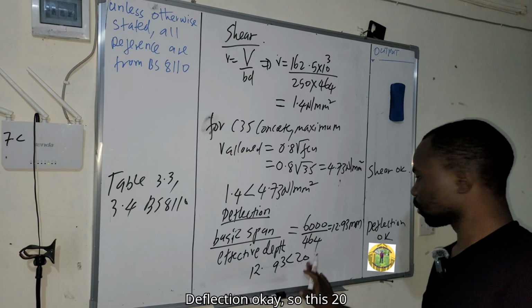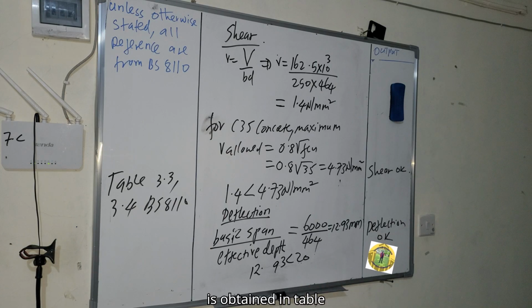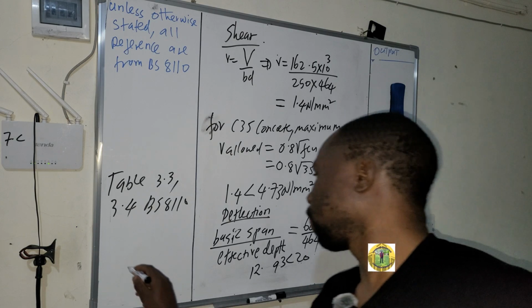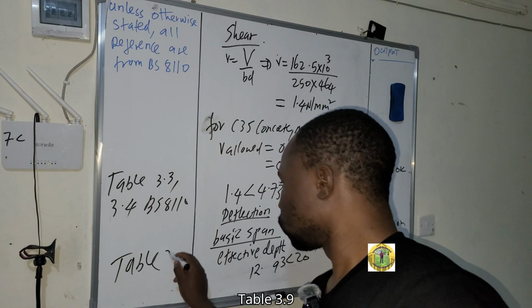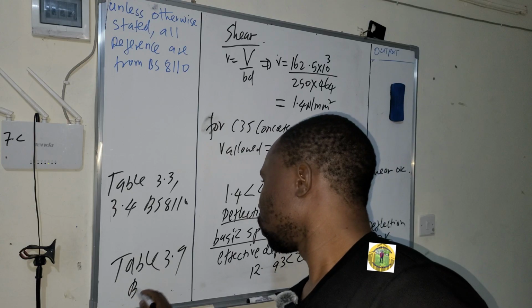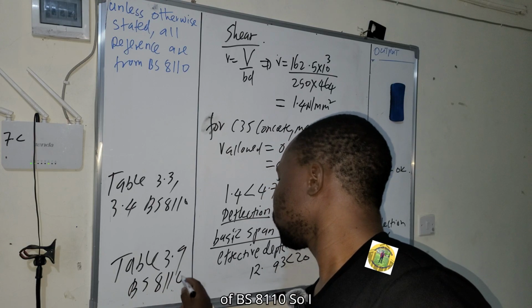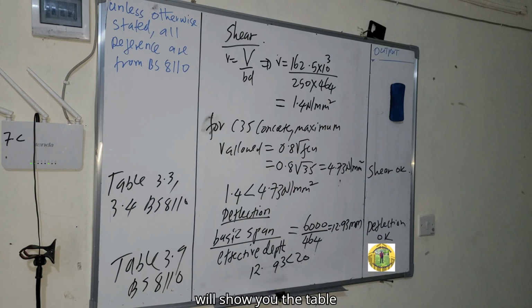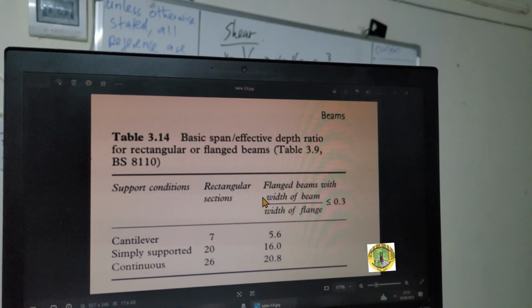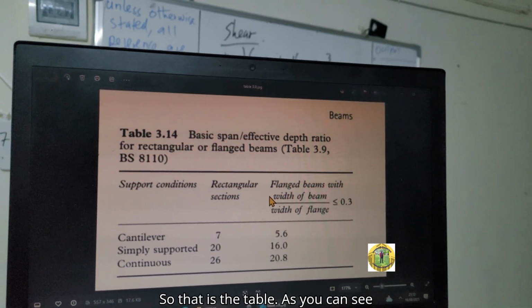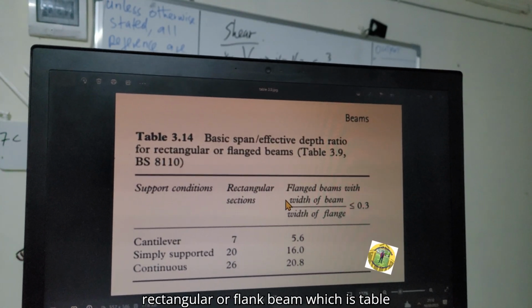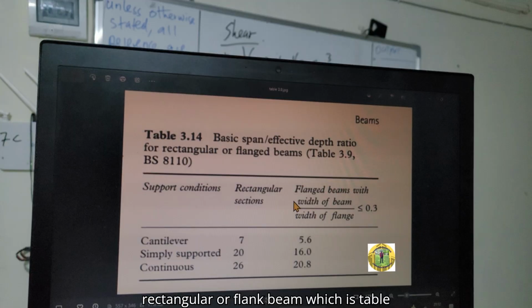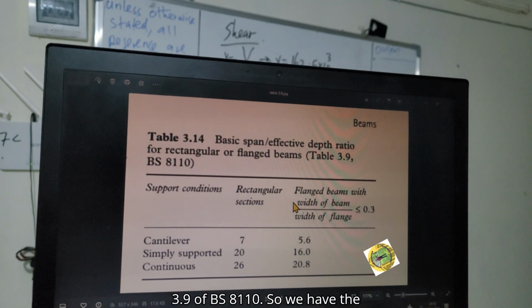So this 20 is obtained in table 3.9 of BS8110. So I will show you the table. So that is the table. As you can see, basic span over effective depth ratio for rectangular or flanged beam, which is table 3.9 of BS8110.